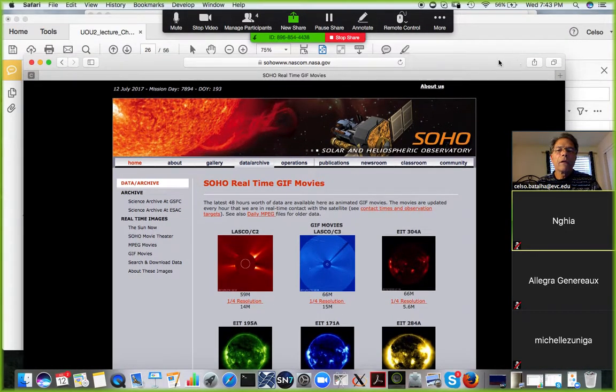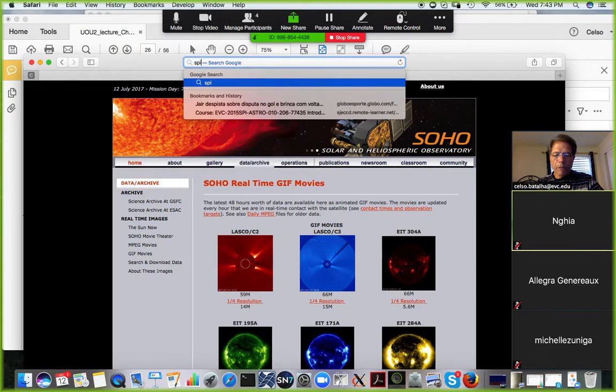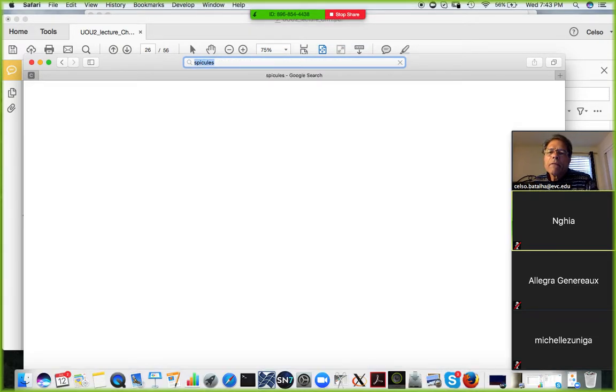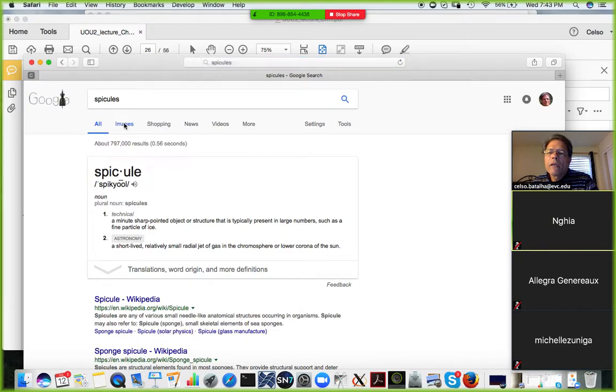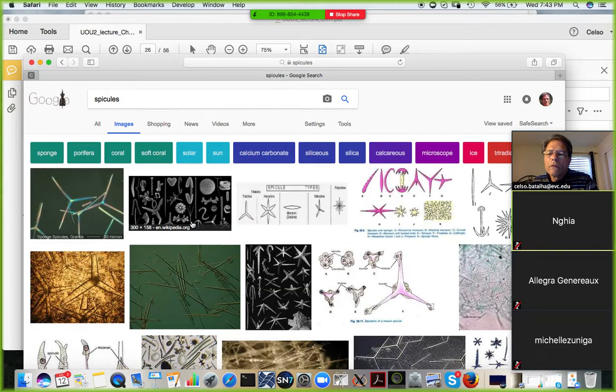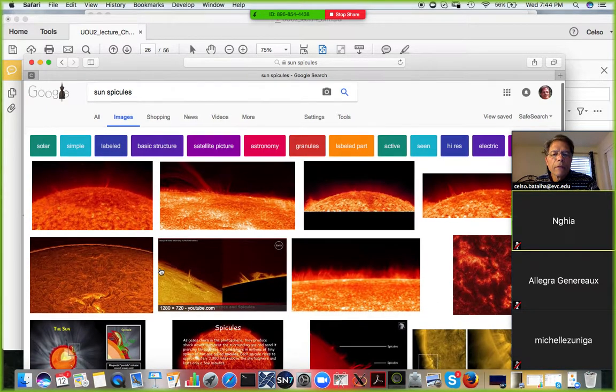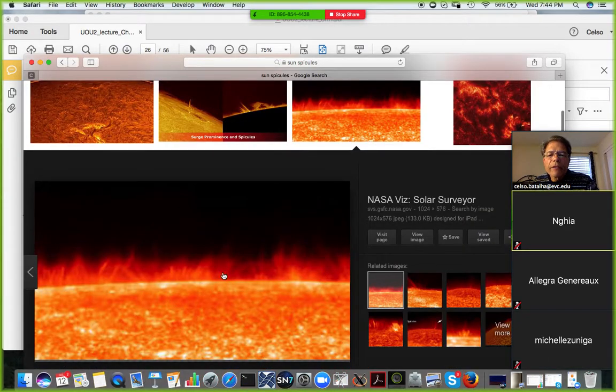So I can pretty much go here and search for spicules. I can give a better view with spicule images. No, sun spicules. There you go. Here, right here. See, this one is very good. See these spicules? Those are jets. What you see in the bottom part is photosphere, and you can see the granulation in there. This granulation, these grains, are pretty much bubbling-up material.